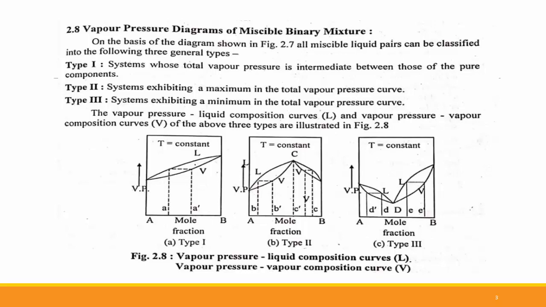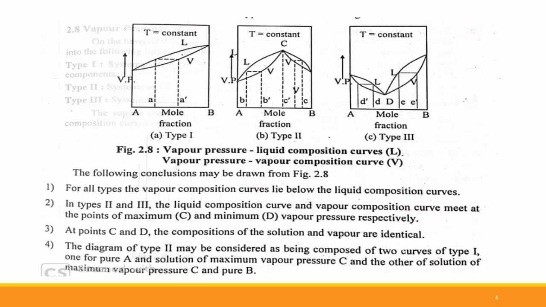Type 1 is the intermediate positive deviation, type B is the maximum positive deviation, and in type C, there is a minimum negative deviation in the total vapor pressure curve. These are the graphs.